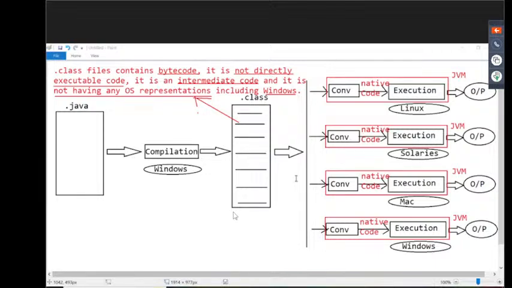You have to think about it. One JVM or 4 JVMs? All right. It seems like one JVM, but actually it is 4 JVMs. Not one JVM. 4 JVMs we are using. Why, sir? Why not one JVM? The conversion is the same here, but why are we saying 4 JVMs?